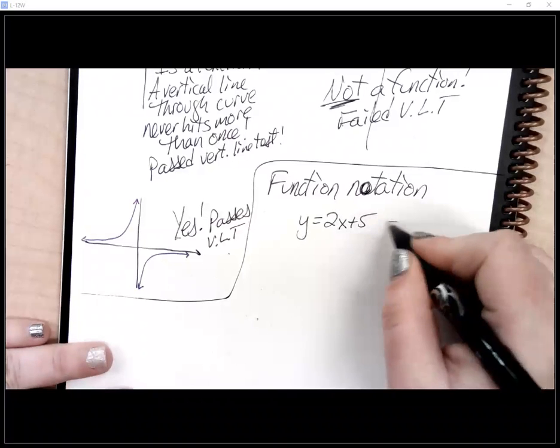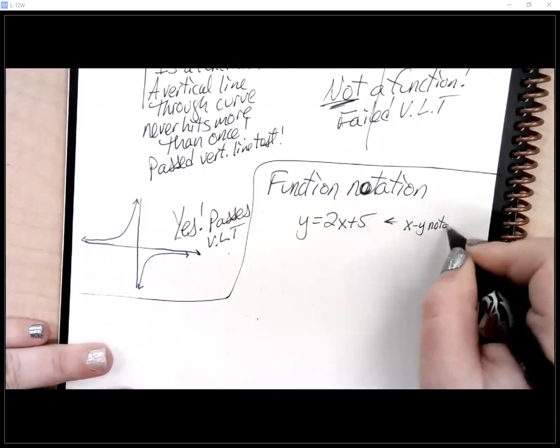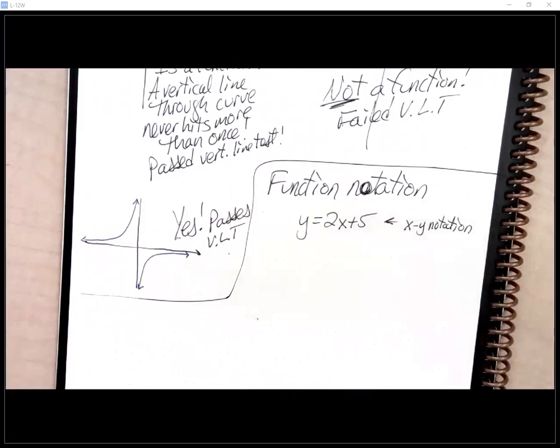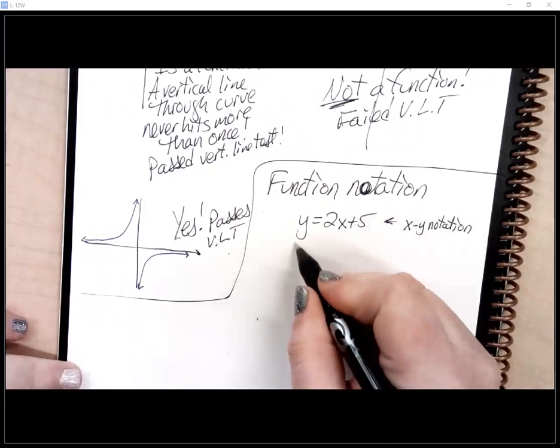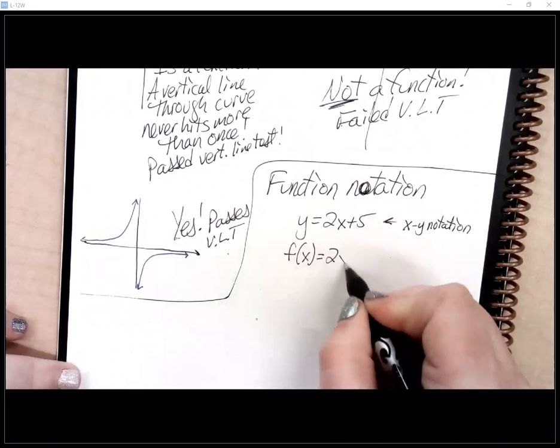When I rewrite this in function notation, let me show you what it looks like and what the pieces are. It's the same exact line. I'm not changing anything, but I'm going to write it in function notation. It's going to look like this. f of x is how we say that, 2x plus 5.